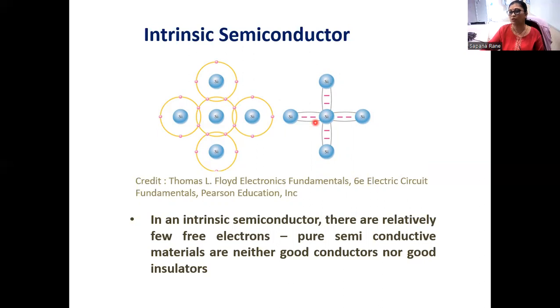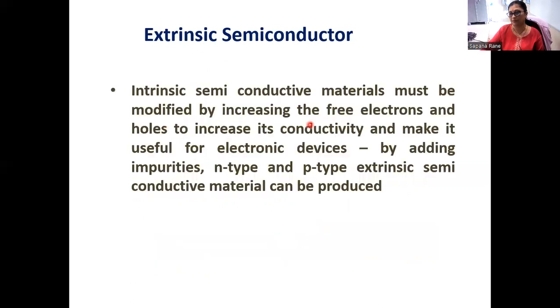So when the temperature of the intrinsic semiconductor is increased, electron hole pairs are formed. These electron hole pairs are free charge carriers, and therefore the semiconducting material is capable of conducting electricity at greater temperature. The number of charge carriers increases with increase in temperature, so conductivity goes on increasing with the temperature of the intrinsic semiconductor.